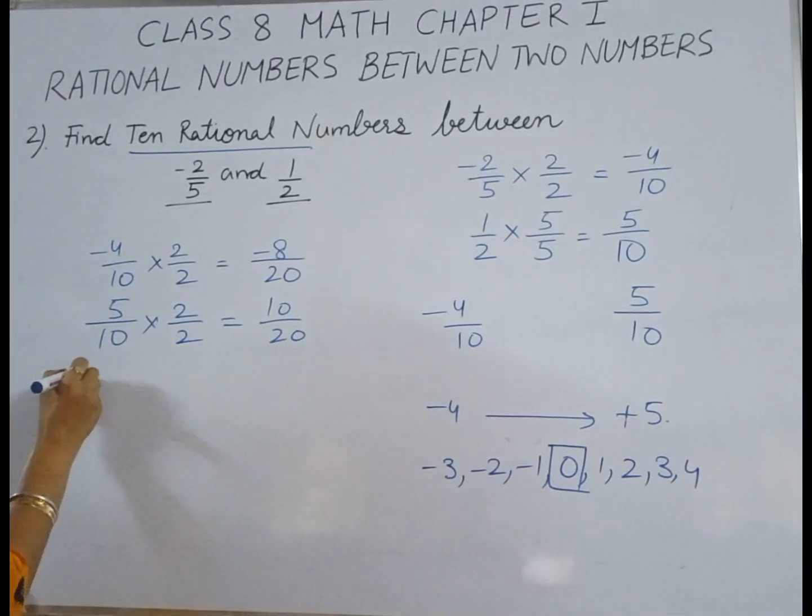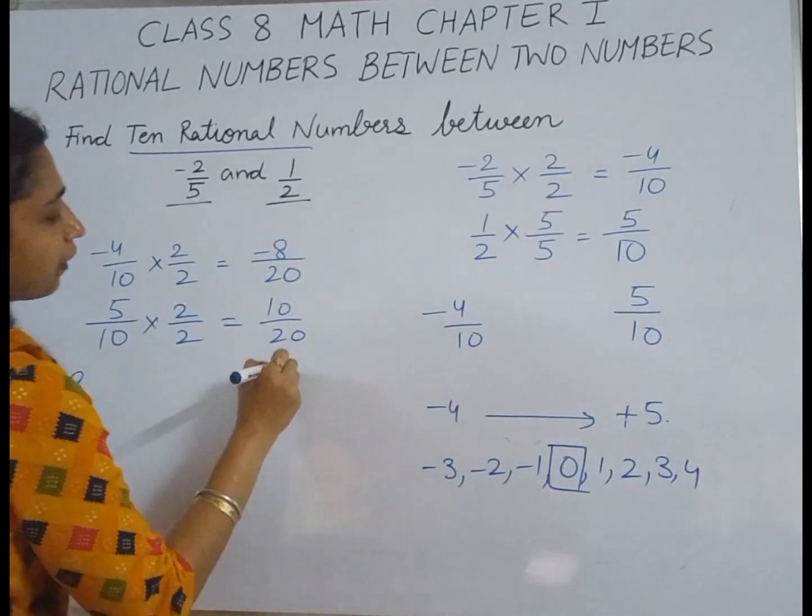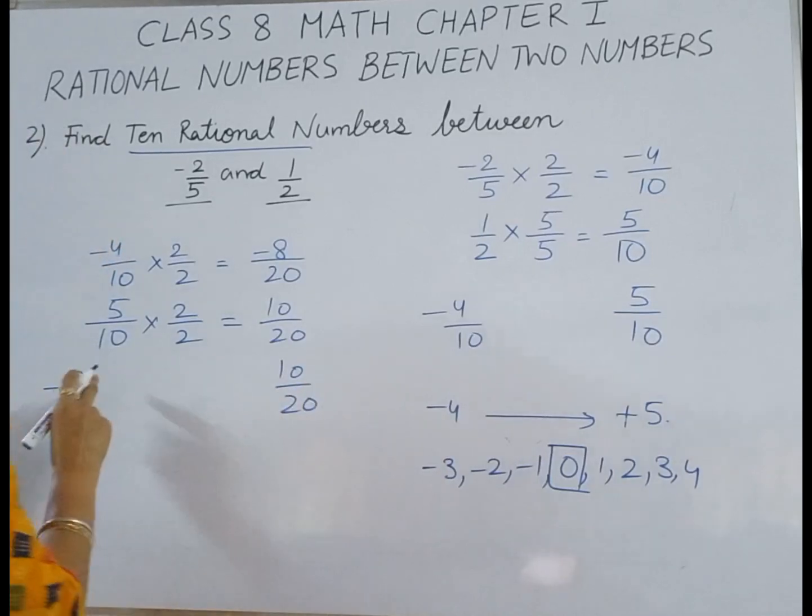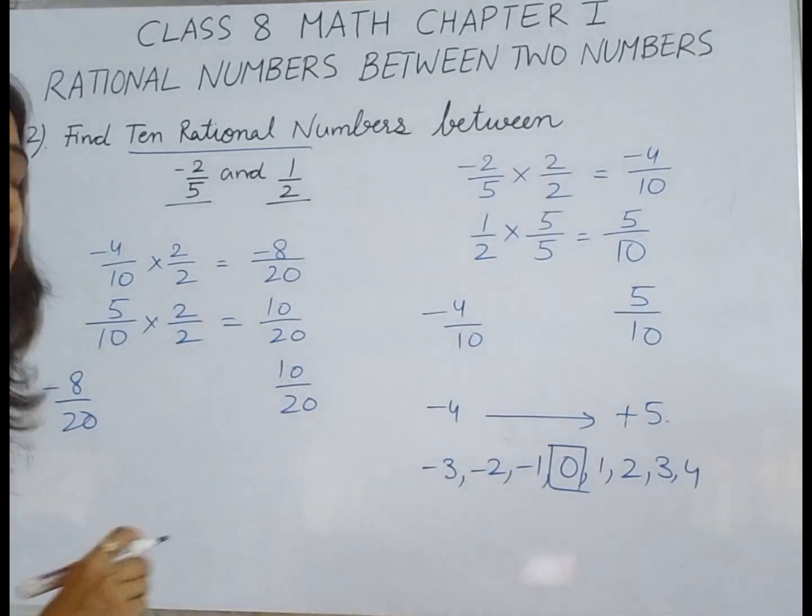Now we have minus 8 upon 20 and 10 upon 20, and we can write down the 10 numbers between these two numbers.